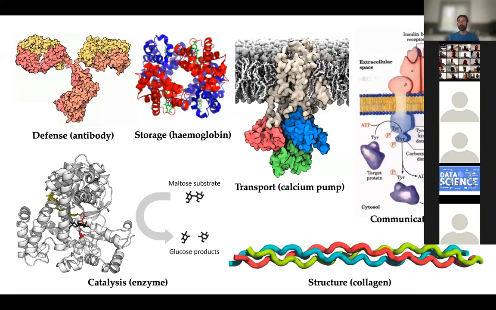Whether it's transport of different chemicals across the cellular membranes, so calcium pump, you can guess it, is a protein, and also a large part of the membrane is also built from proteins. Different communication inside our body, many hormones such as insulin are proteins.